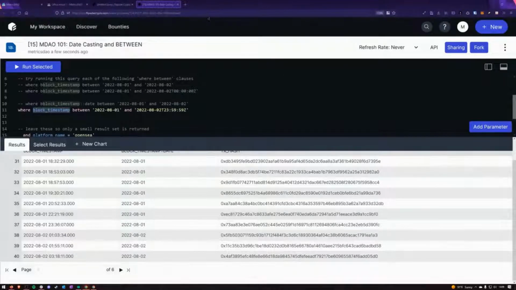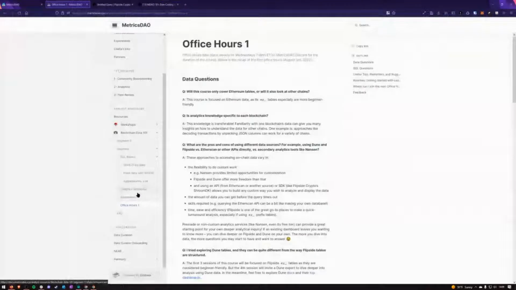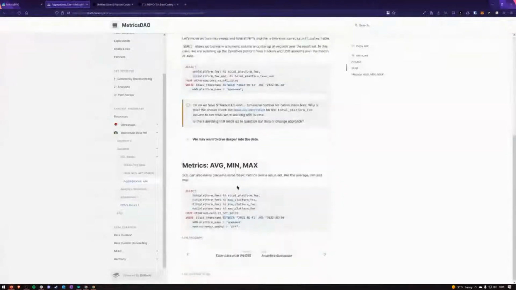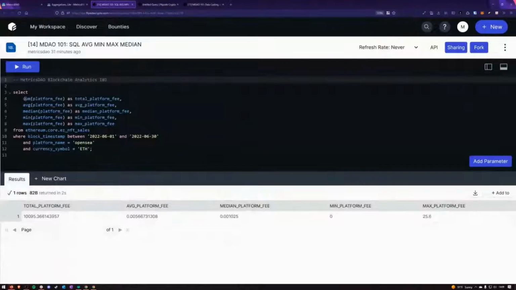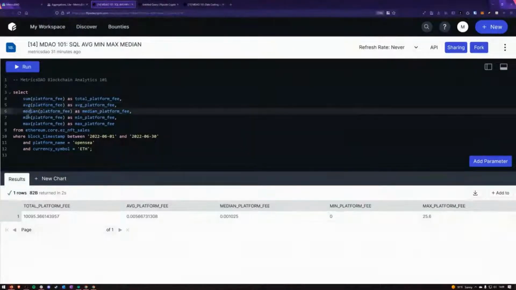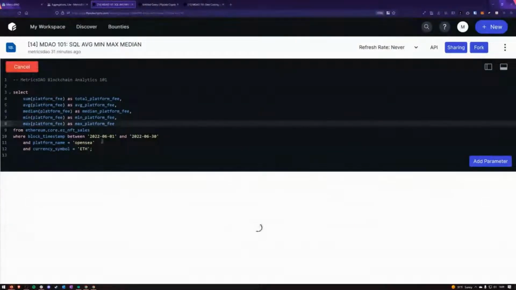Then there was one brief thing that we did not finish up on with the first segment, and that's a couple extra functions that we could use. Let this open up. We went over some. I believe we also went over average, but there are other statistical functions you could plug in over a numeric column like median, min, max. So over this month of June is what we are looking for.